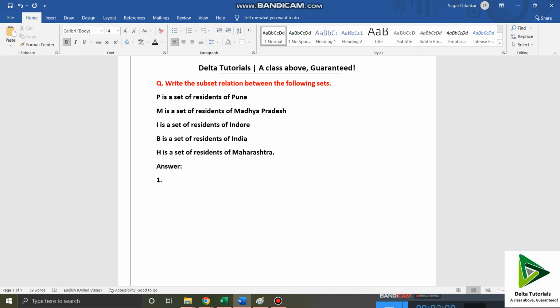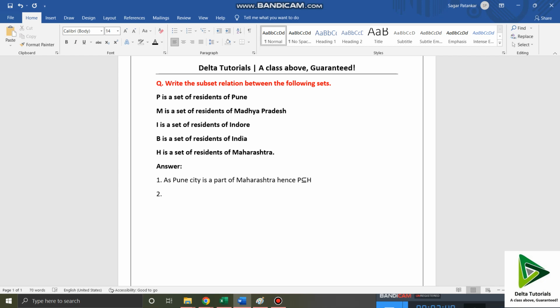We write here: Pune city is a part of Maharashtra. Hence, we can say that P is a subset of H. This is our first subset relation for the given sets.